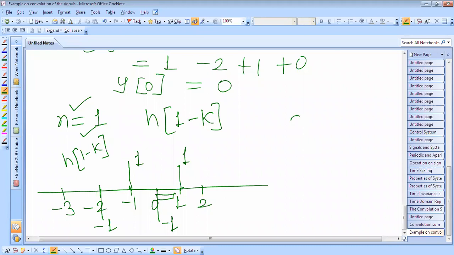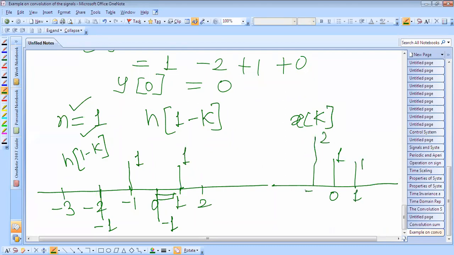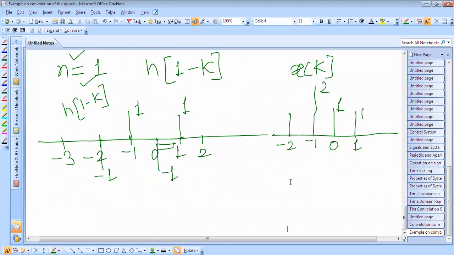Now what is the input x of k, or we can say x of 1? Input is given, again the same input. For 0 it is 1, for 1 it is 1, for -1 it is 2, and for -2 it is 1. Okay, so now we have to find the output y of 1, where we have substituted n is equal to 1.